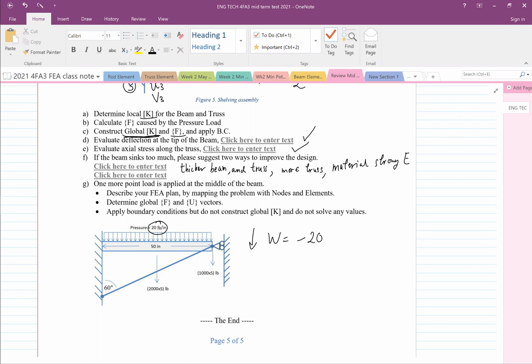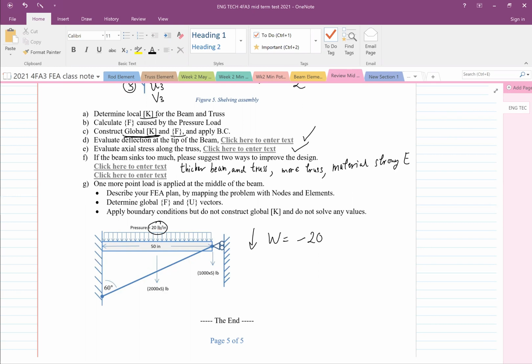I won't deduct any marks on this. But I'm just saying that going from node 3 to 2 is not the right thing to do to construct your local matrix. Yeah, but I highlighted it. I might have questions because when I see that, I don't feel comfortable. Okay, but I won't deduct anything. Oh, okay. I thought you reduced some marks.